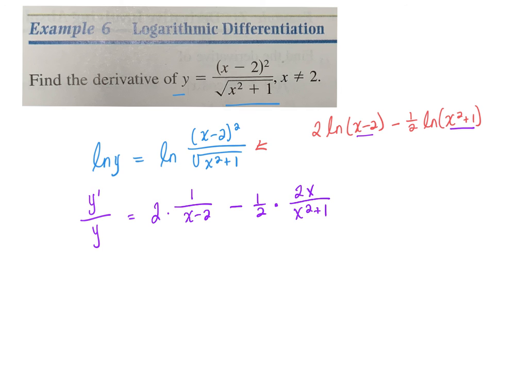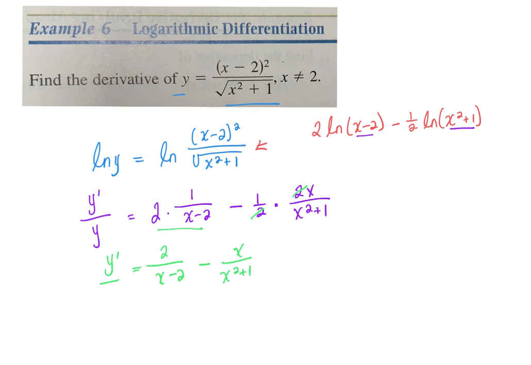I want to simplify these as much as possible, and then I'm going to multiply across. For this, I'm just going to put my 2 on top there. For this, I'm going to cancel those 2's, cross cancel. So I just have x over x squared plus 1.